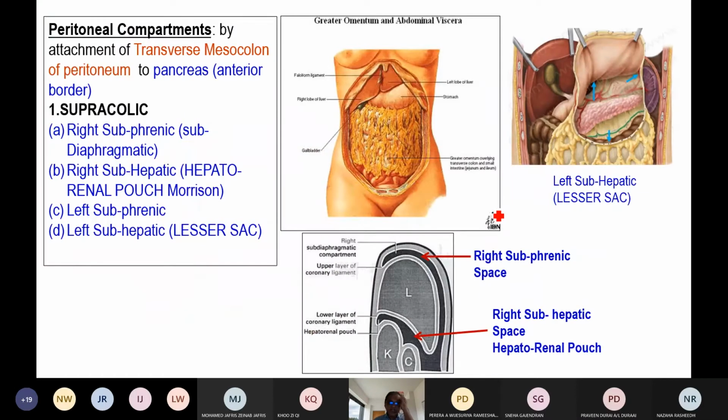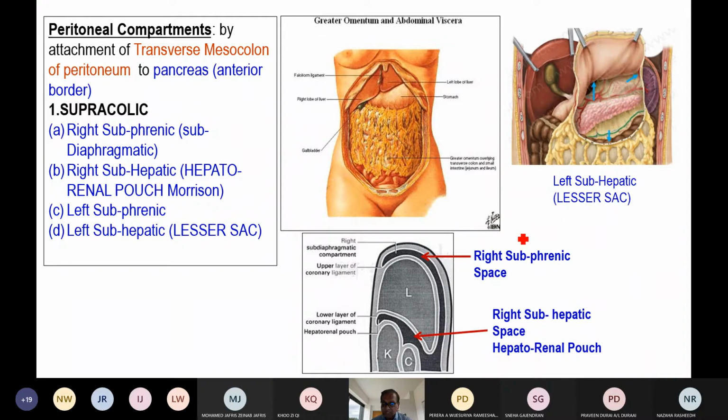Now, you will not get this compartmentalization in a normal patient. What I mean is that you will rarely get this total component in anatomy books because it is discussed in surgical books, because peritoneal compartmentalization happens when there is accumulation of some liquid or fluid inside the peritoneal cavity.